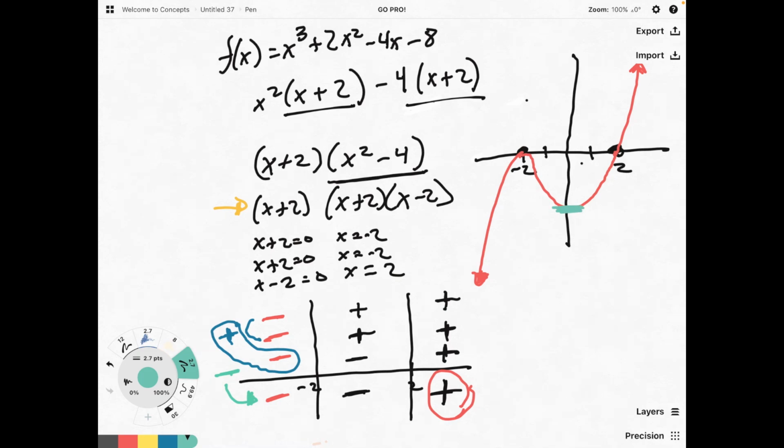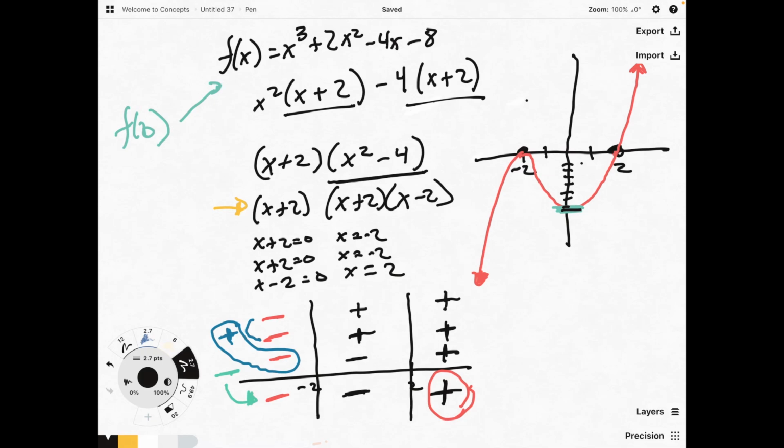For example, if we choose f of 0 and find out f of 0 here, we have -8, so we know that we can go down at least -8. But at the end of the day, we also don't know if that's the lowest.